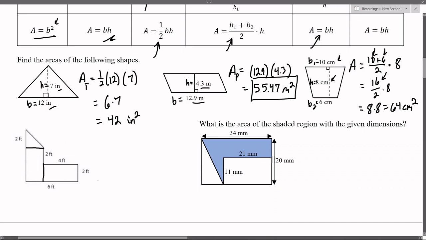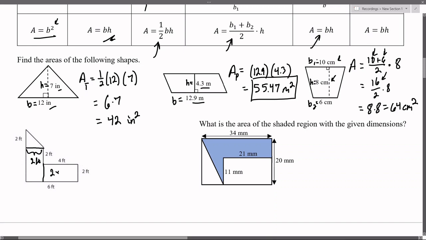So the full area is going to be each of these areas added up together. So let's find the areas here. If this full length is 6, this is all 6 feet here, and this is 4 feet, that means that this length here must be 2 feet. 6 minus 4 is 2. Okay, and then we know that this is 2 feet here, so we're going to have a 2 by 4.